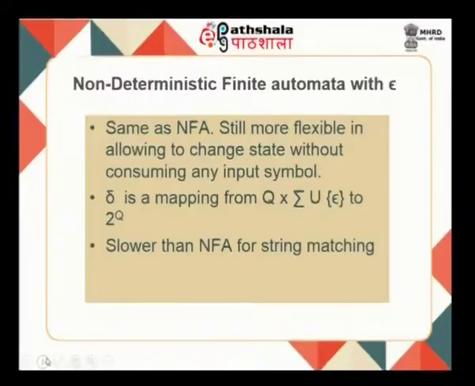So the string will remain the same. Again, whatever is applicable for NFA will hold good here also, but it gives you a little more flexibility in the sense that you can also take a transition on epsilon from one state to the other state. So this is still therefore slower than NFA for string matching.